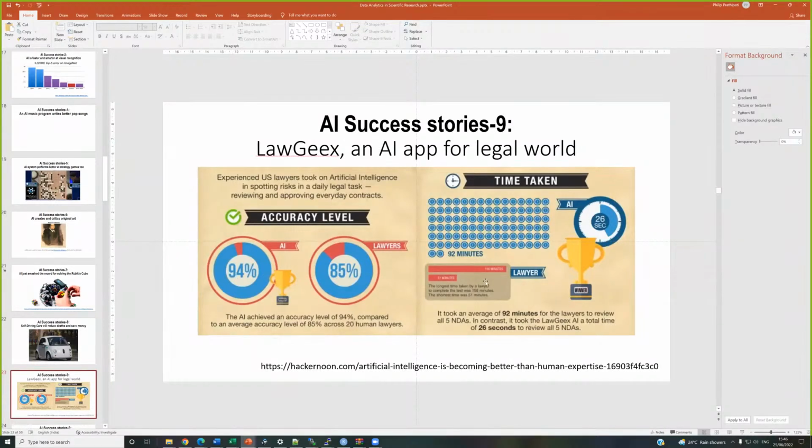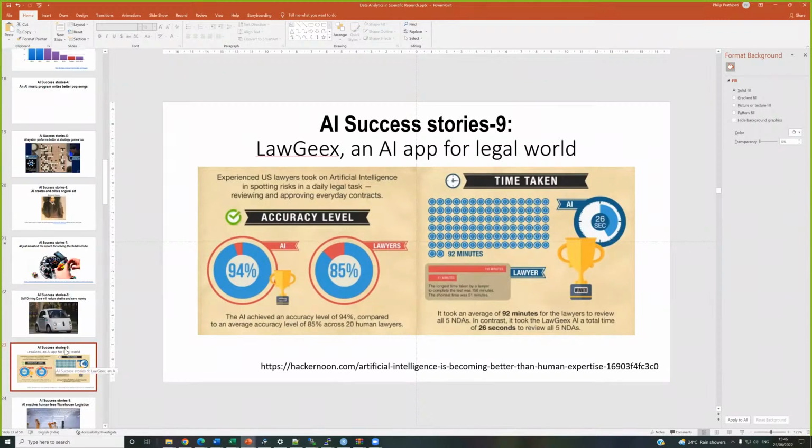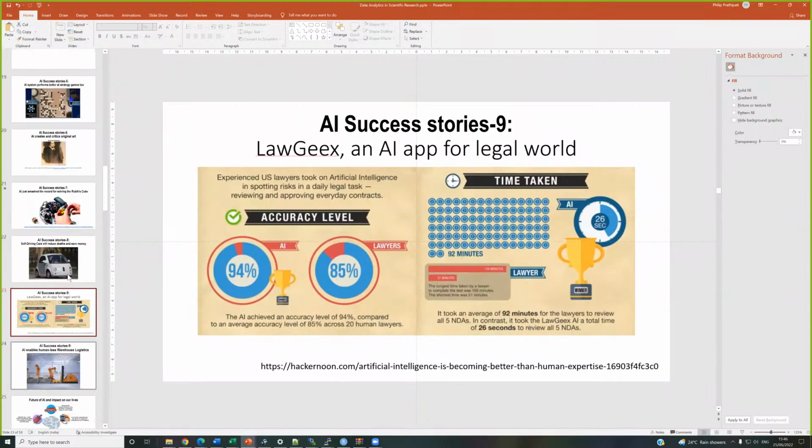So one model did the work of almost 20 lawyers in a very short time. It's used everywhere, even judging and evaluating, but then they need some human assistance also. A human has to look eventually at the decisions that the AI model is making.